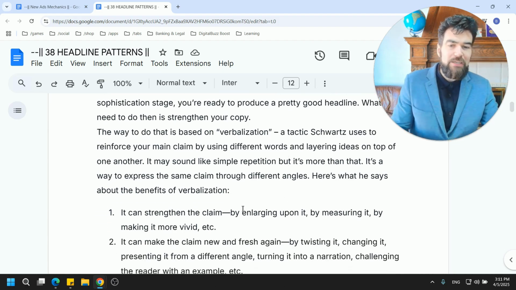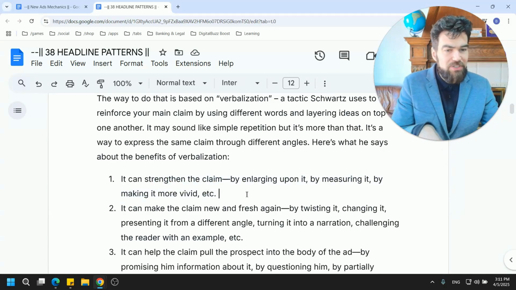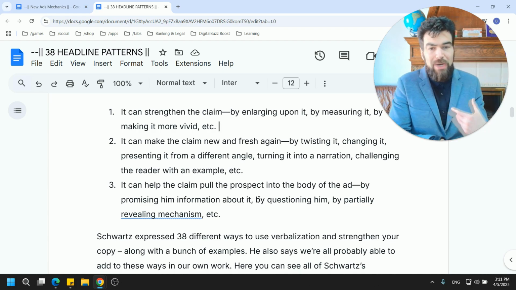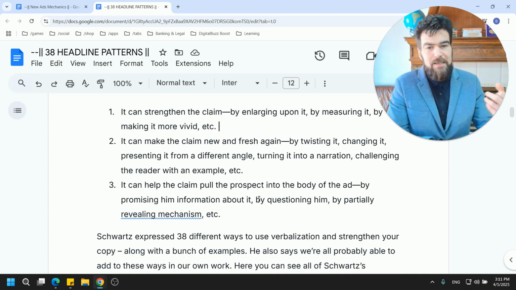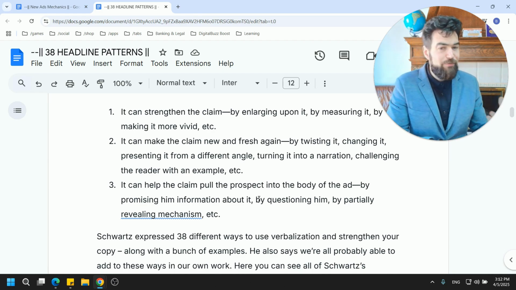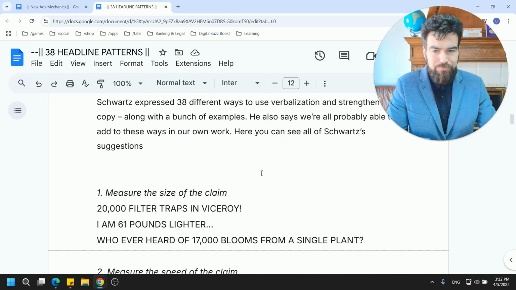We do that because they strengthen the claim by enlarging upon it, measuring it, or making it more vivid, or by making the headline or the claim new and fresh again, by giving it some unique angle, changing it, or narrating it, or challenging the reader. Or we can pull the prospect into the body of the ad a bit better by giving him information or questioning him or stuff like that. So that is why we use these 38 headline patterns.